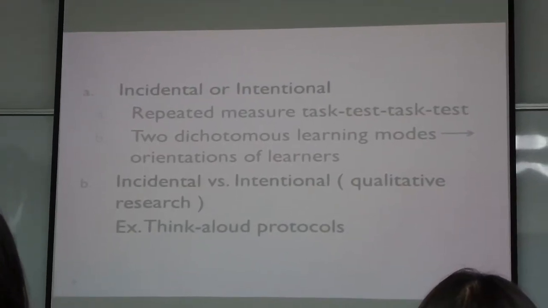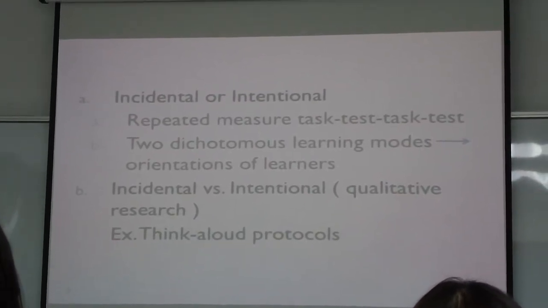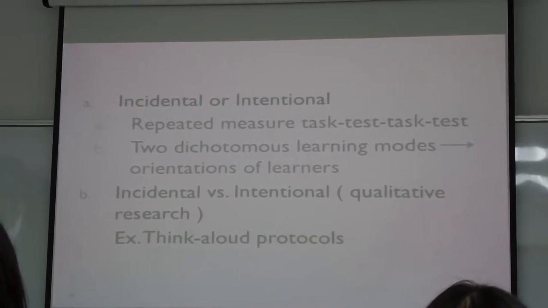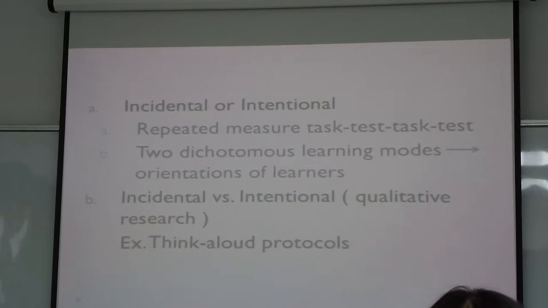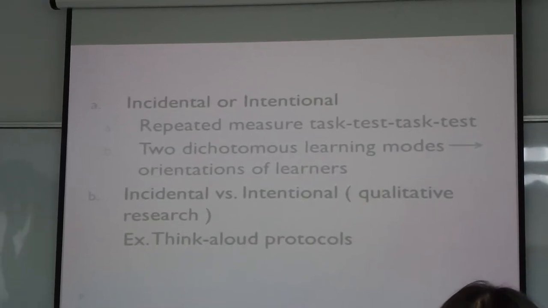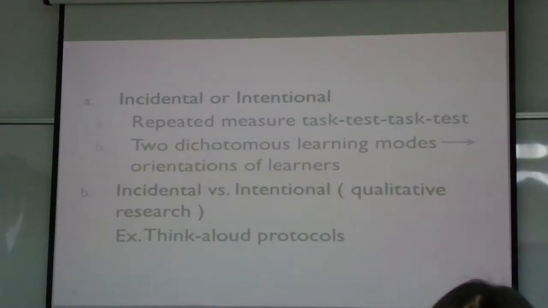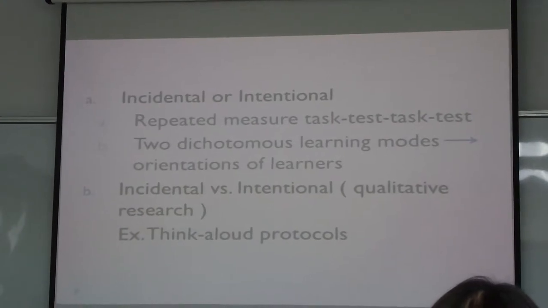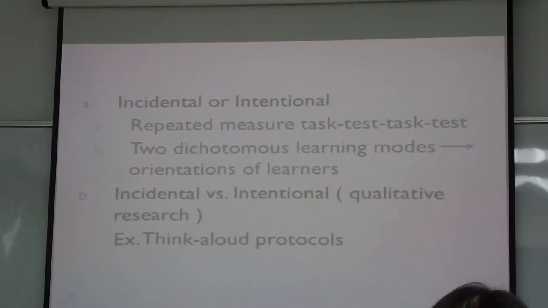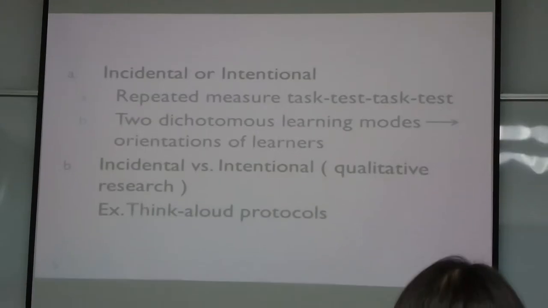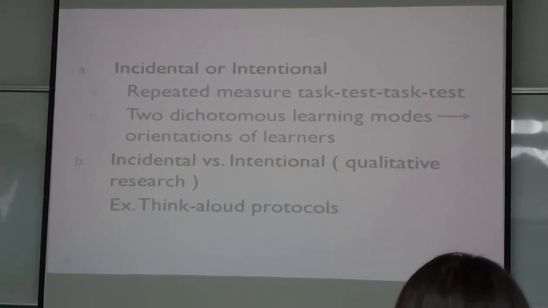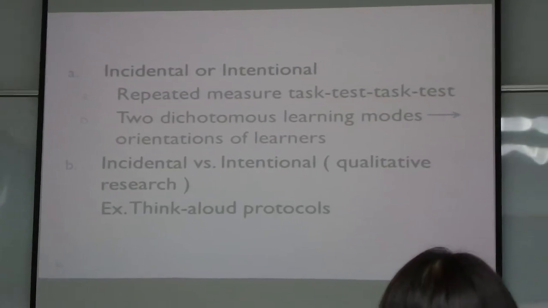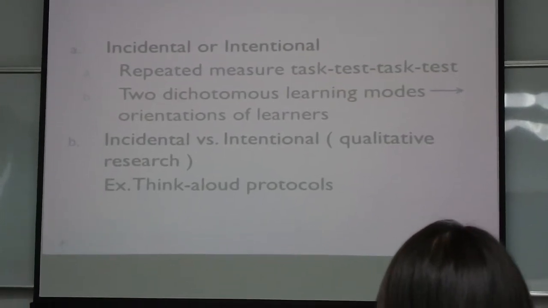The second one is, are there two dichotomous learning models or orientations of learners? Is it easy for us to identify whether learners learn words incidentally or intentionally? I don't think it's quite easy to do that, according to the research.